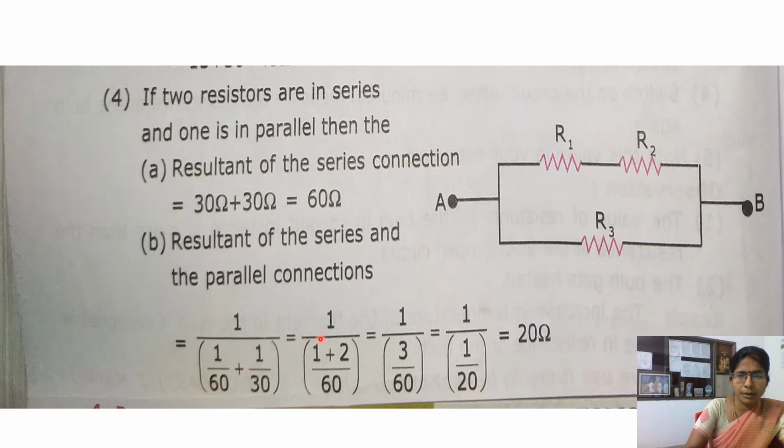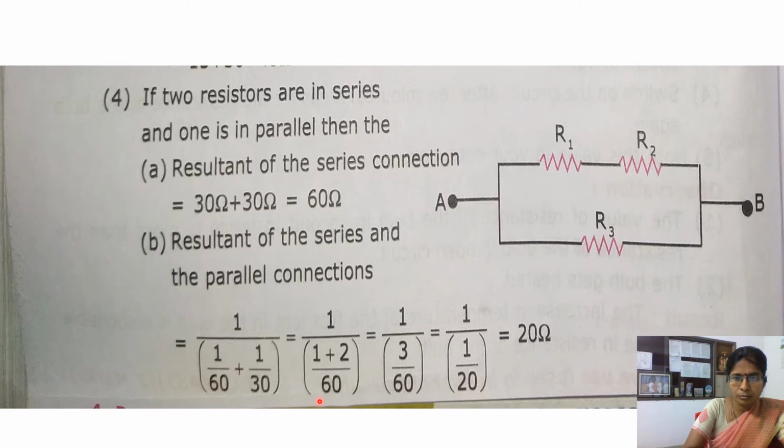When you are simplifying these two fractions, the LCM of 60 and 30 is equal to 60, because 60 is a multiple of 30. Instead of finding the LCM directly, we can take the greater number, 60, as the LCM. Since 30 twos are 60, 60 is the LCM of them.